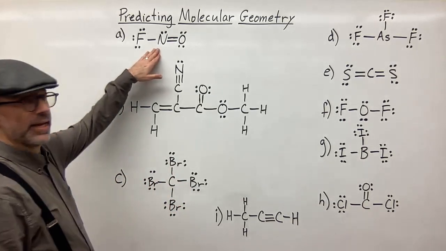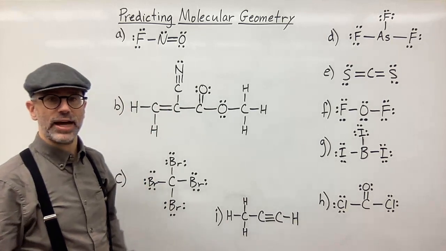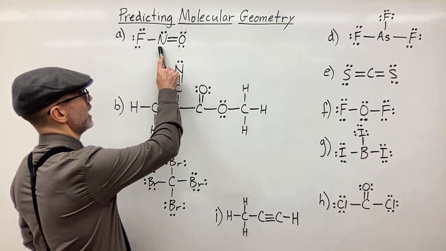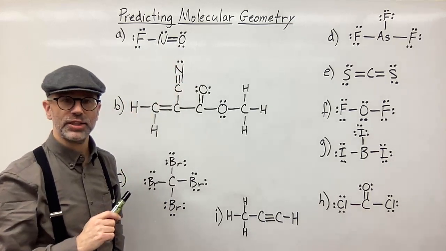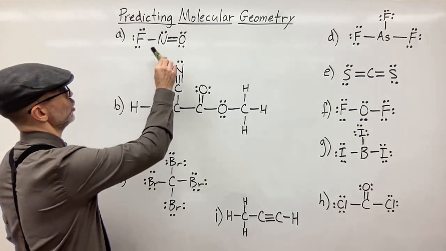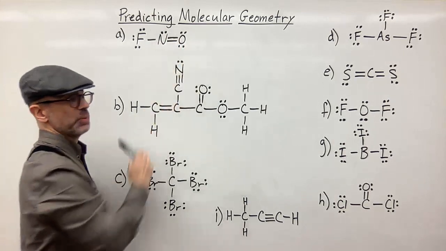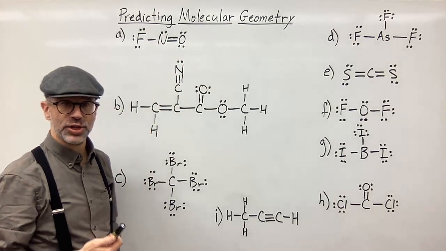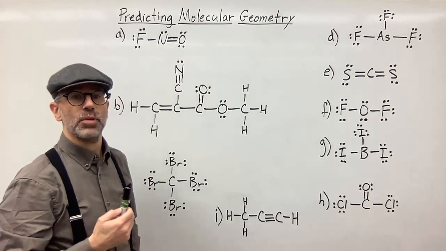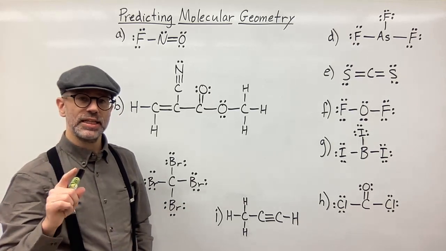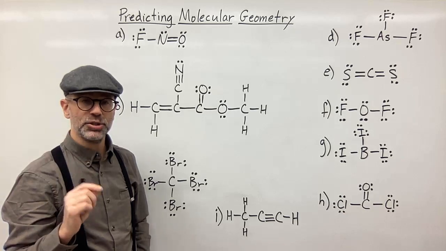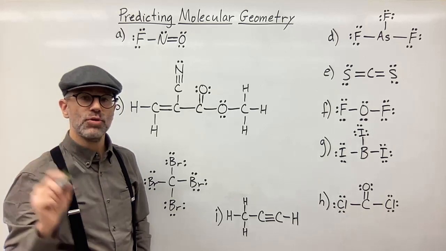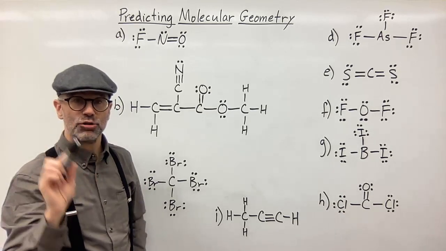So in A, we only have one central atom. The fluorine and the oxygen are bonded to the nitrogen. So we're going to look at the nitrogen to determine the electron group geometry and the molecular geometry. Now, the distinction between the two is what you are counting as electron groups.